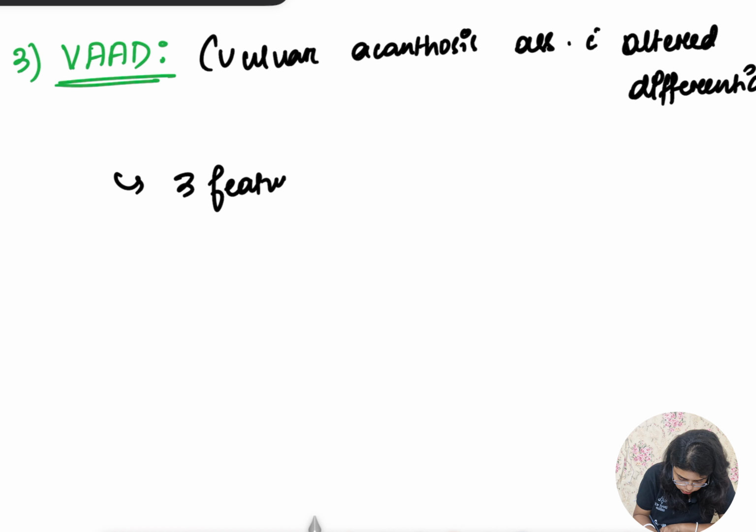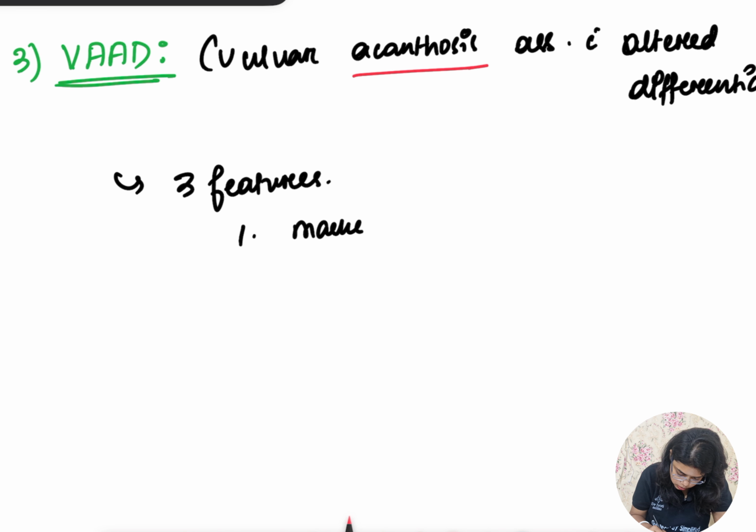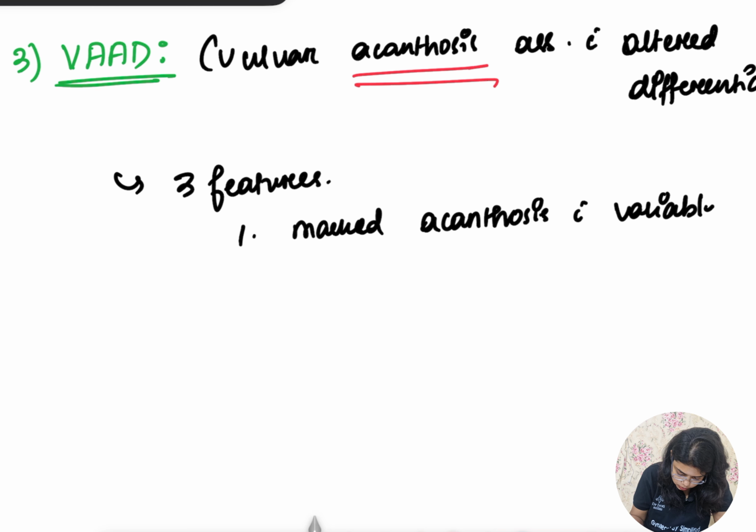It is associated with three features. What are the three features? First, marked acanthosis, as the name suggests. It is vulvar acanthosis, so it is associated with acanthosis, marked acanthosis with variable verruciform architecture.